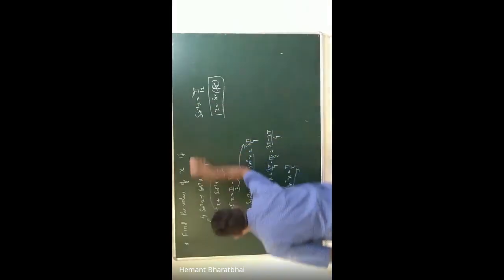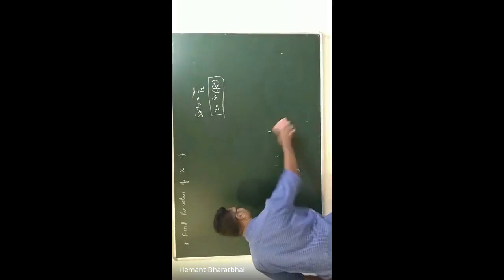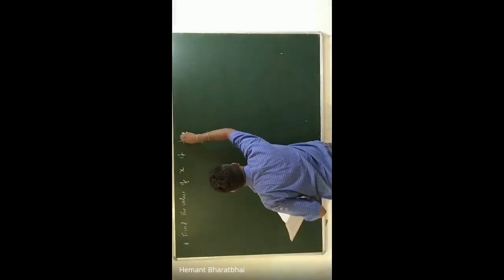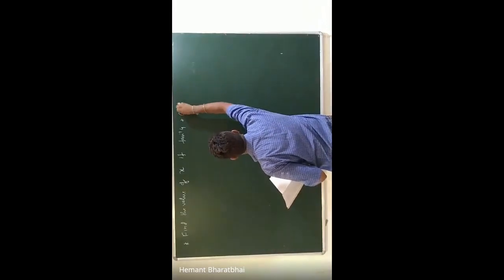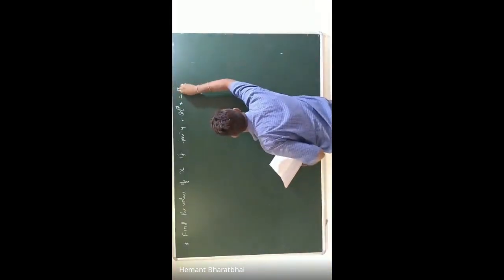One more numerical of this. Okay, find out the value of x if tan inverse of 4 plus cot inverse of x is equals to pi by 2.